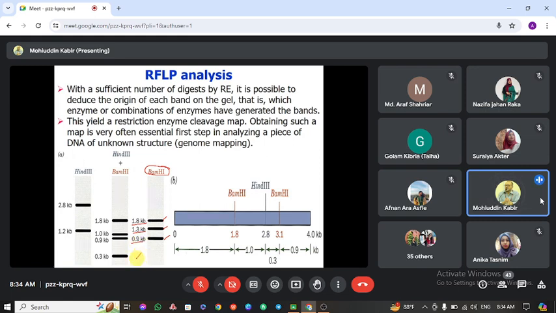So the total is 4 kb. That means there are 2 restriction sites in this genome. We can easily locate their positions. The first band length is 1.8, which means the first restriction site is located at the 1.8 kb position.